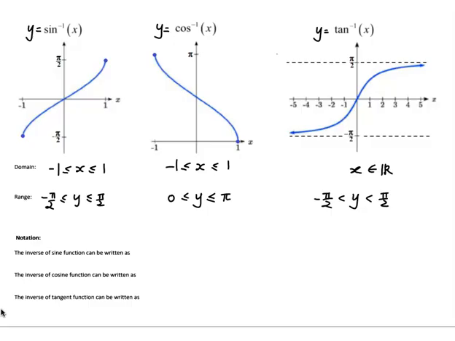Let's have a look at the notation for the inverse functions. You have already seen some notations above. For the inverse of the sine function, we can say y equals sine inverse of x, or we can also say y equals arc sine x. They refer to the exact same thing. They both represent the inverse of the sine function. That will be the same for the inverse of the cosine function.